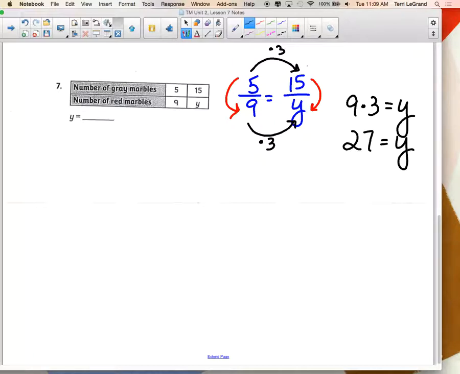So there are 27 what? Red marbles. Reasonable? What's there more of, red or gray? Red. Did we get more red marbles than gray marbles when we got 27?